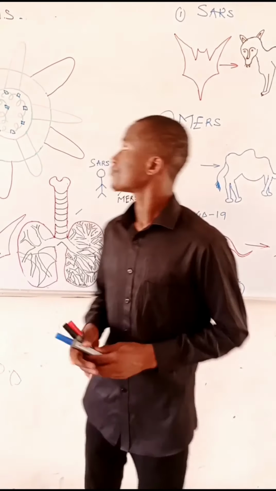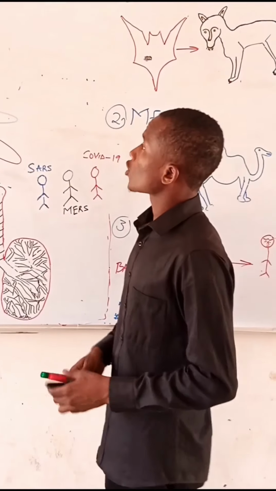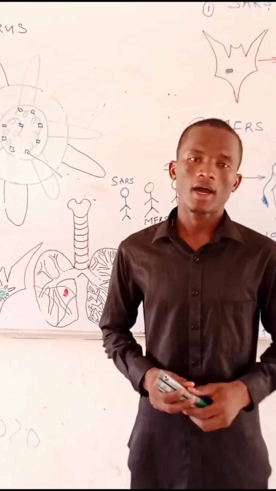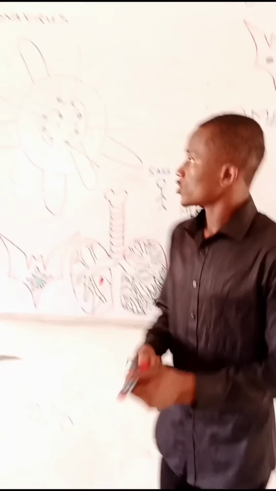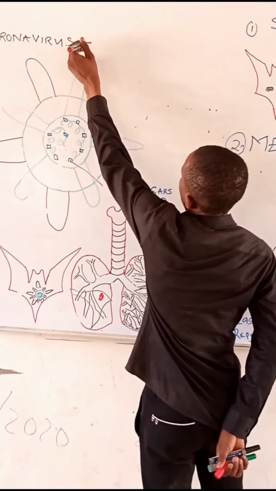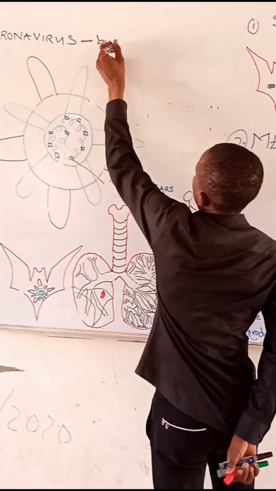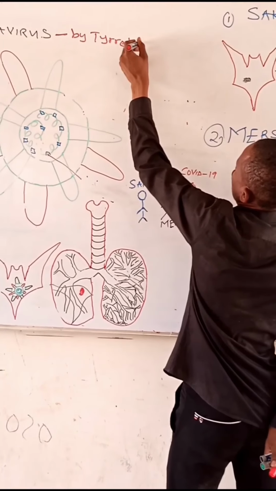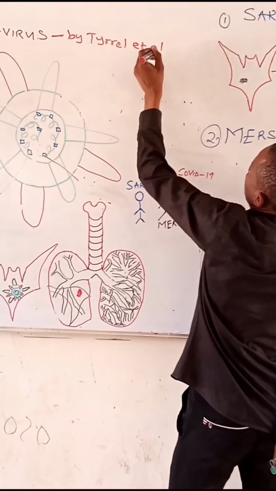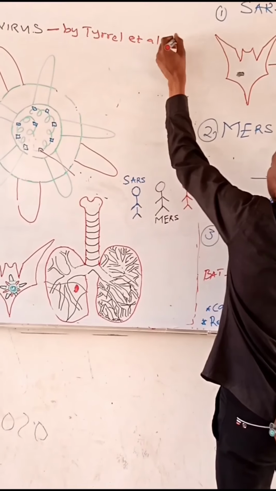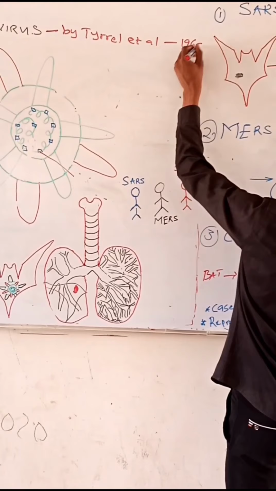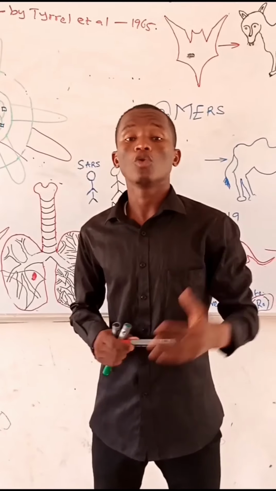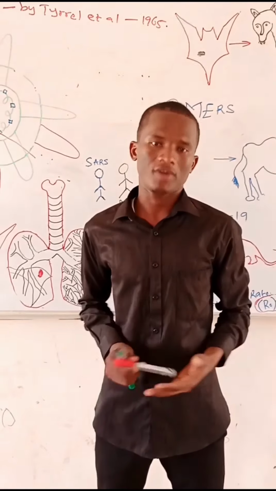So let's get started. Coronavirus was discovered in 1965 by Tyrrell and his associates. Tyrrell discovered this virus while working with a group of virologists on a number of animal viruses.